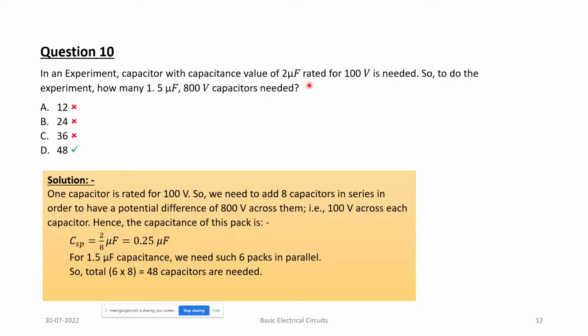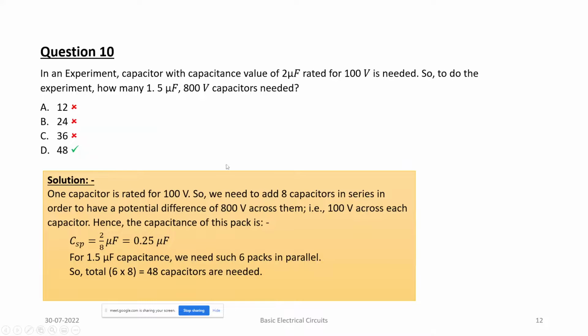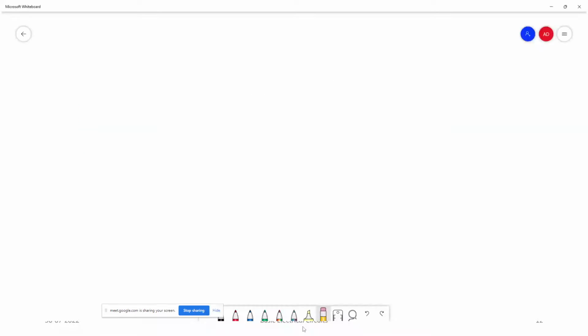Just a second. We have to form 1.5 microfarad capacitance with 800 volt, or 2 microfarad capacitance with 800 volt? Clarifying it. Just a second.